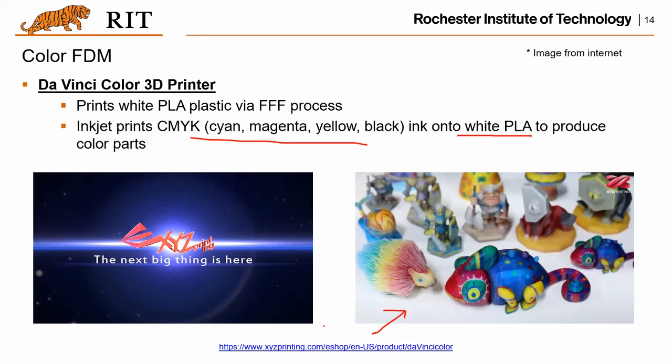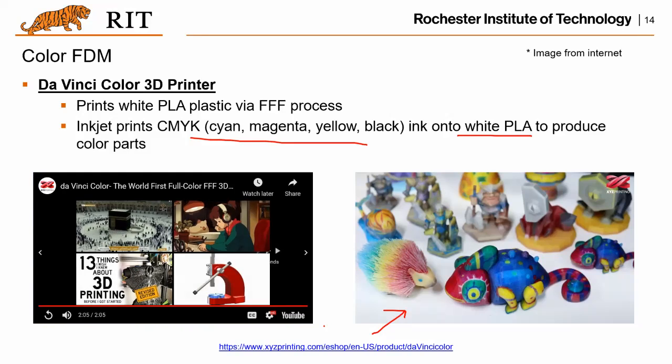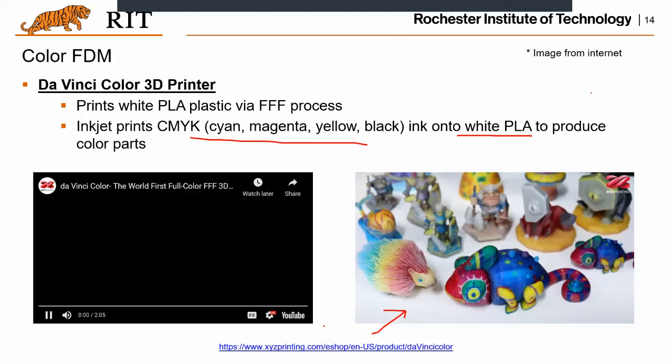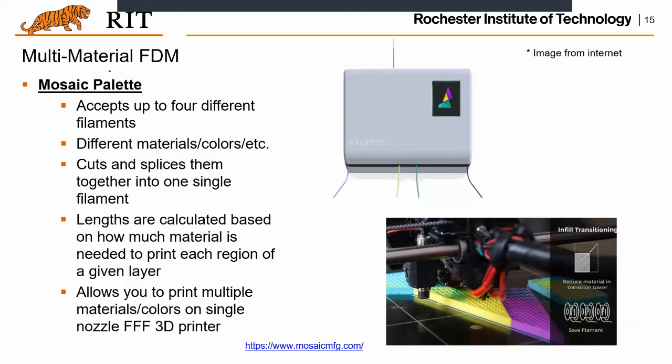All right. Actually, there are other methods which also allow color printing. That is this Mosaic Palette. What it does is it accepts up to 4 different filaments with different colors.